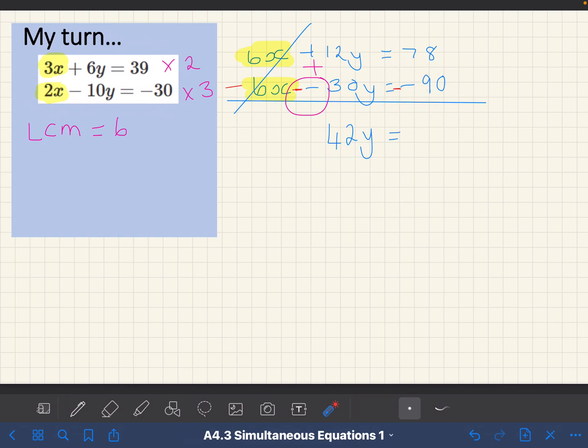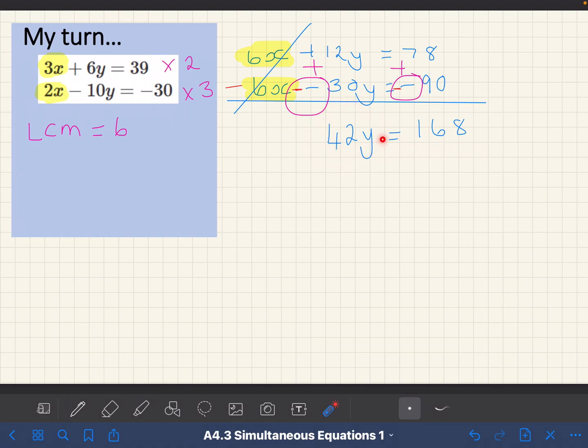So that minus, minus also gives us a positive value. And 78 add 90 would give us an answer of 168.